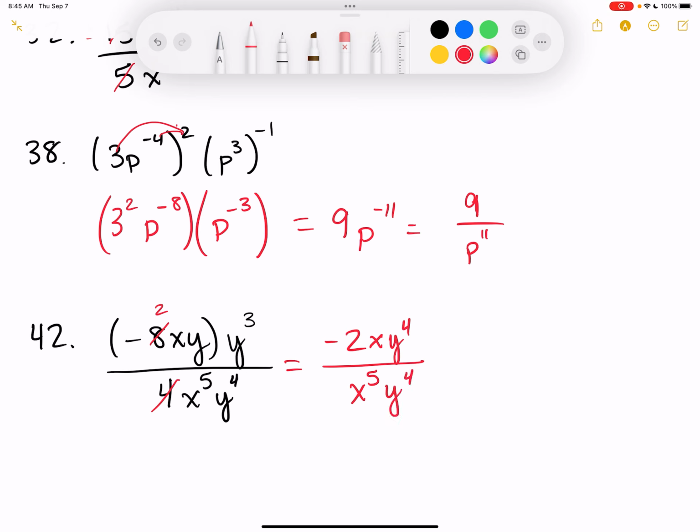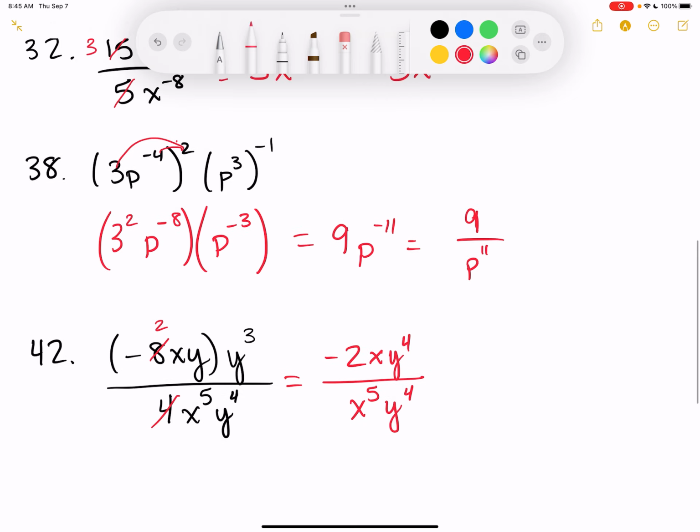So now I want to move the variables, the lower one to the higher one. So in this case, this x is going to move down here to this one. So it's going to move from top to bottom. So I have -2 on top.